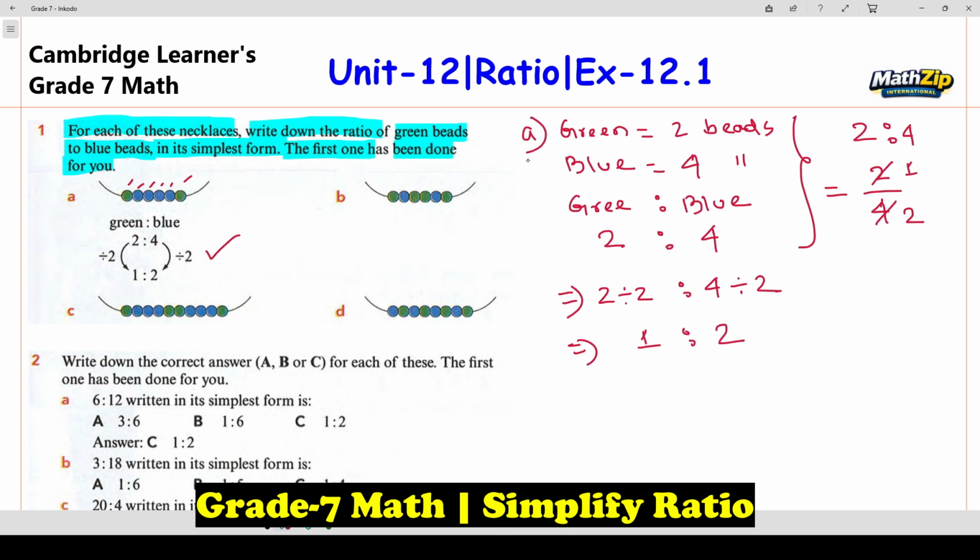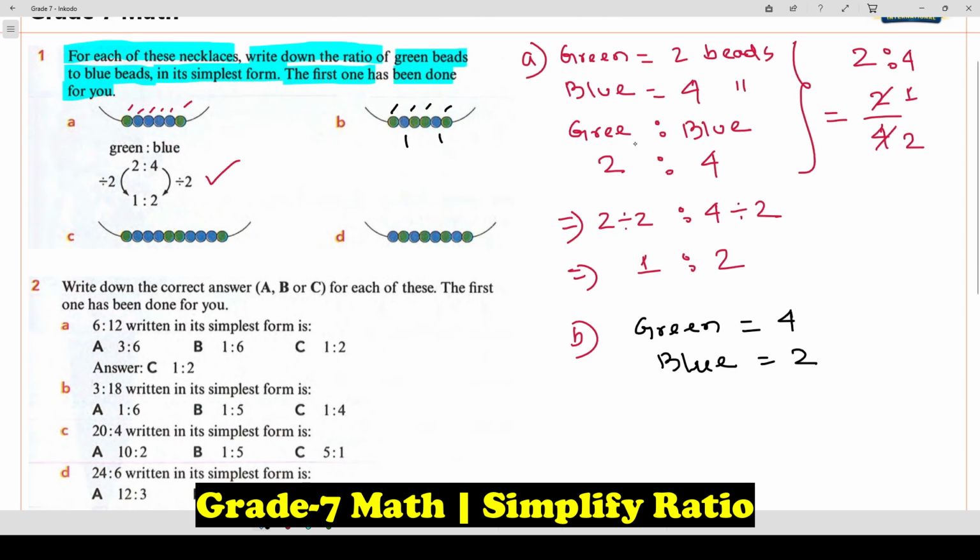This is number A. Number B. Here, 1 2 3 4 green, and blue 1 2. So green is to blue, it means 4 is to 2.